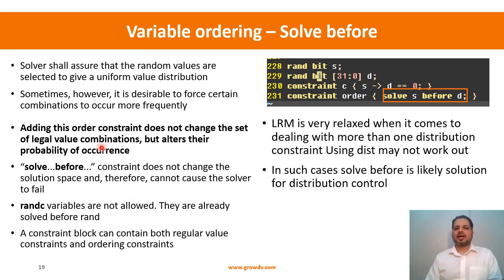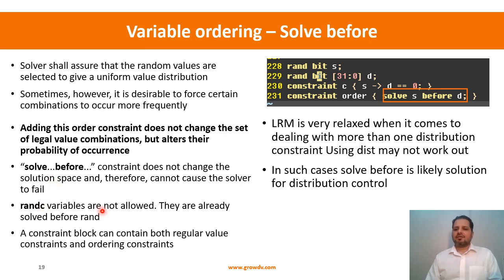And please note that when you change the ordering of the constraint set, it doesn't alter the overall solution space. That is, whatever values are possible will all get generated, but it only alters their probability of occurrence. So solve before does not change the solution space. Because of that, just by adding solve before, you cannot cause the solver to fail.